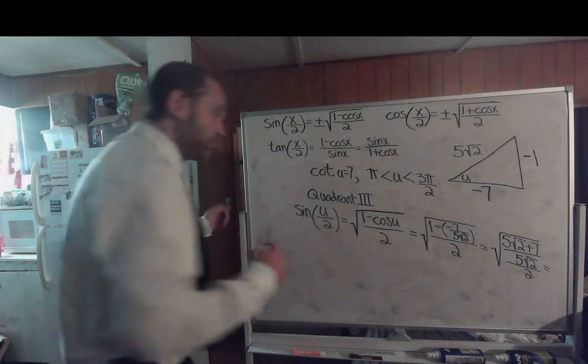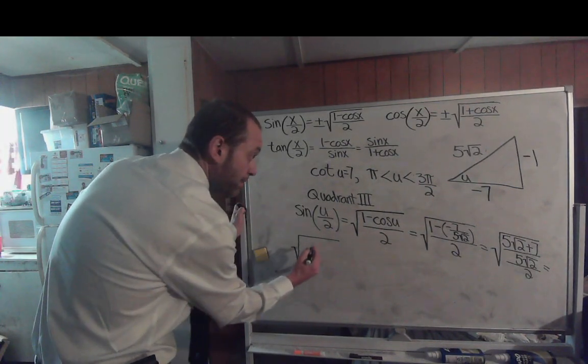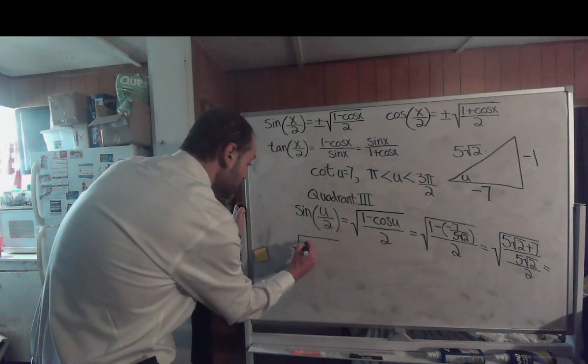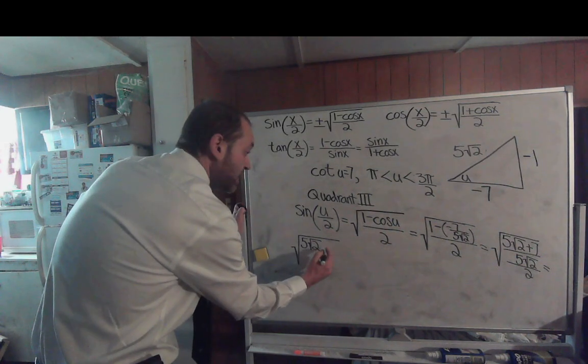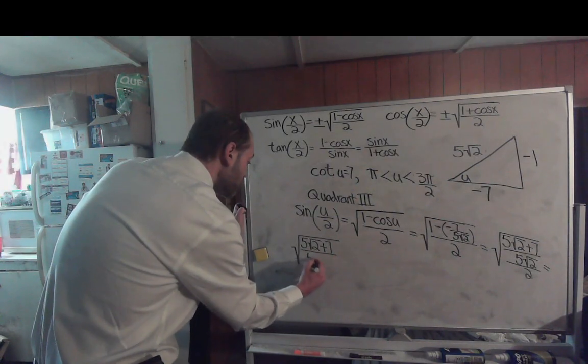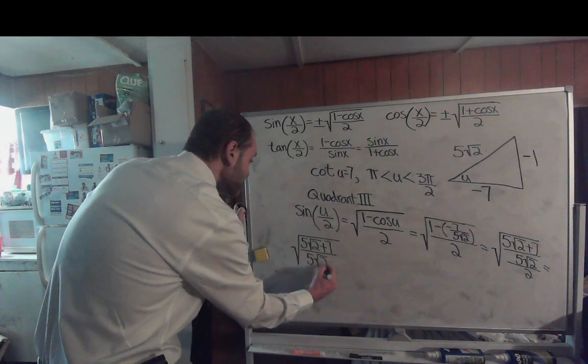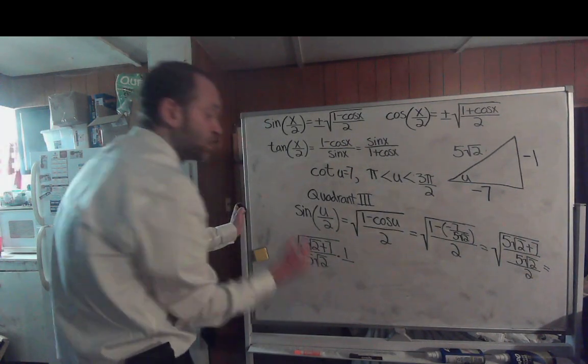Okay, so now let's simplify this radical even more. Invert and multiply the complex fraction. So 5 times the square root of 2 plus 7, all over 5 times the square root of 2, times 1 over 2.